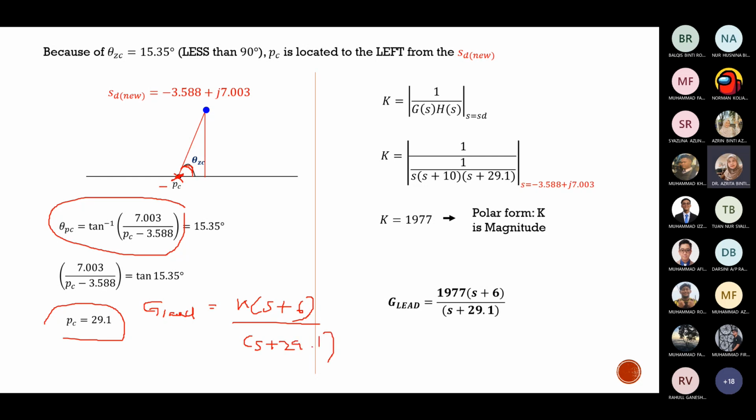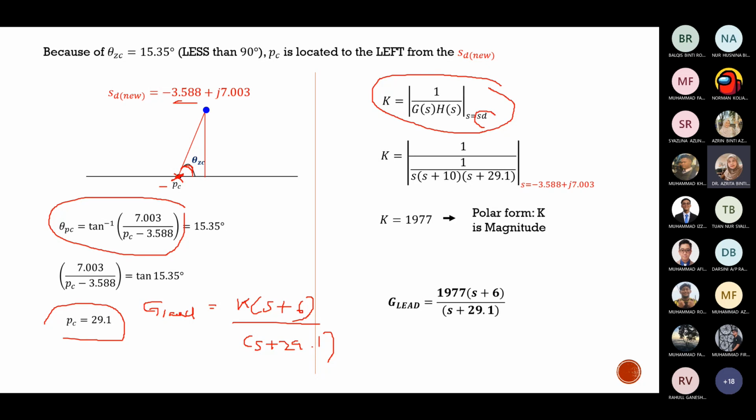After that, we need to find the value of gain K. Apply the formula to obtain the value of gain K. ST here is the ST new, or ST compensated. And for the G, please remember you need to include the G from the system and also the G from the lead compensator.